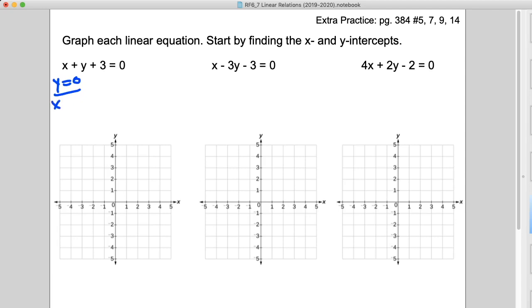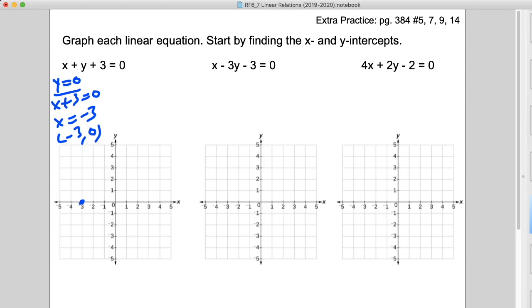So x plus 3 is equal to 0. Then I'm going to subtract 3 from both sides, so I'll have x is equal to negative 3, which means I have a point at negative 3, 0. That'll be my first point there.